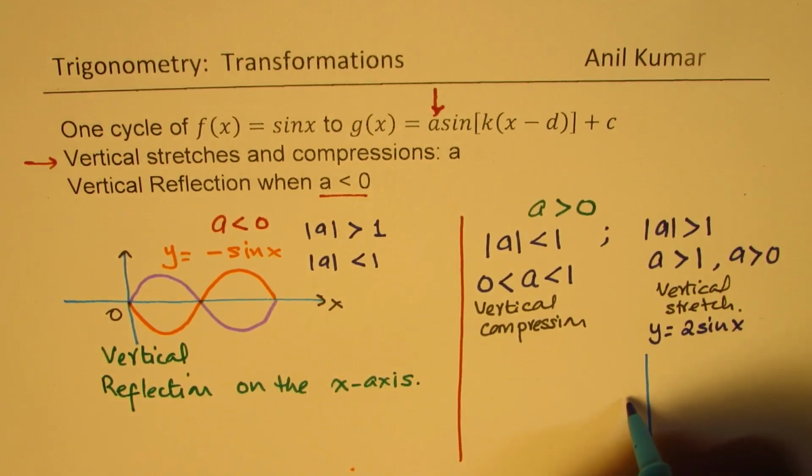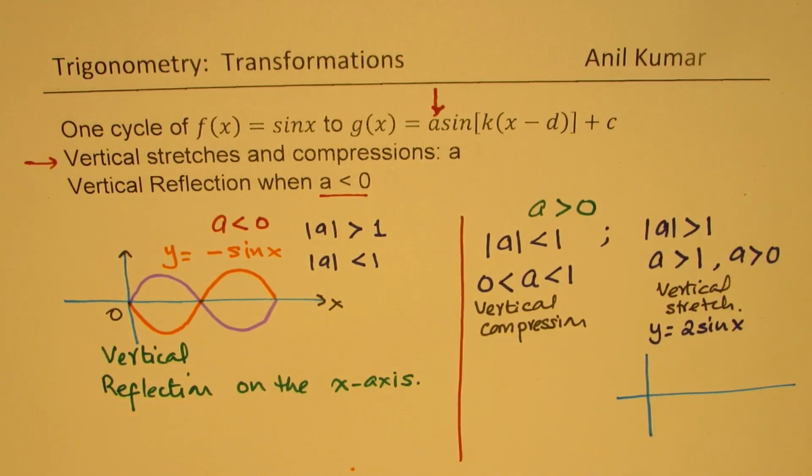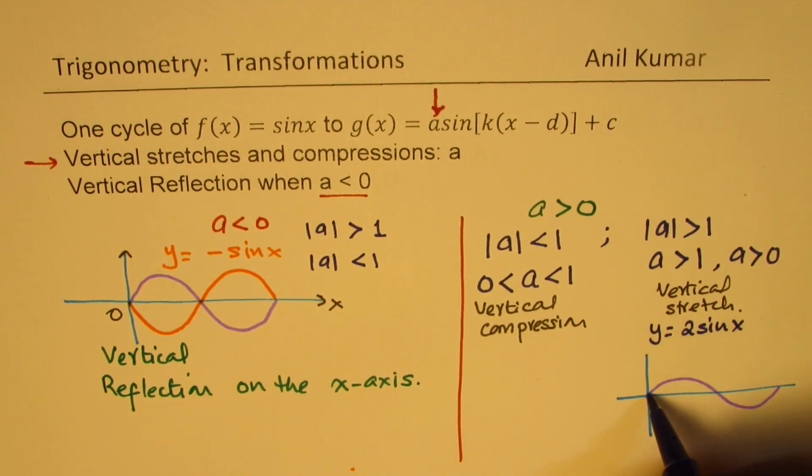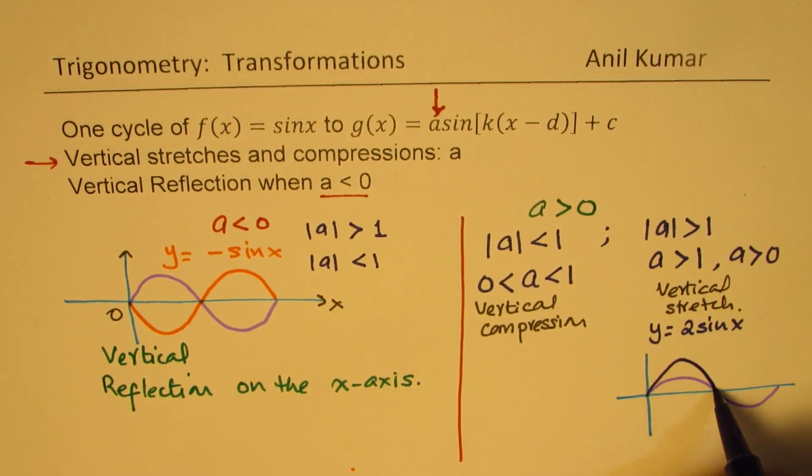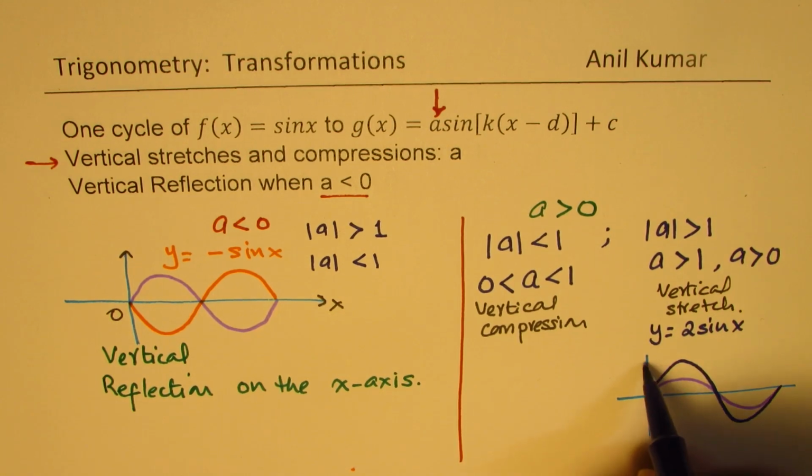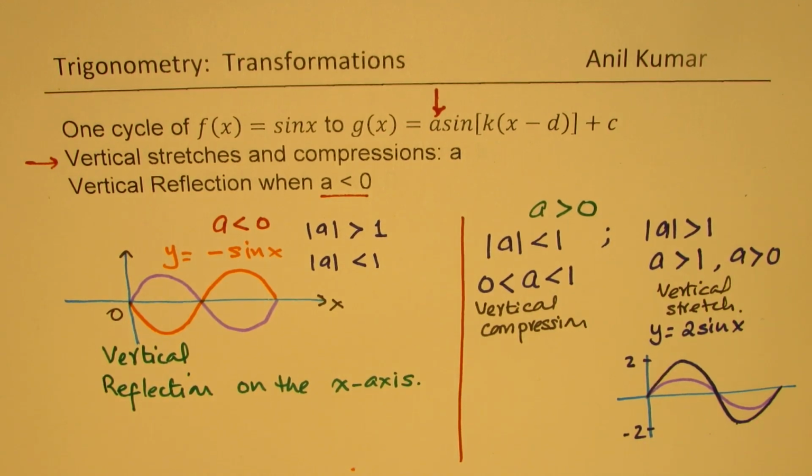So if you have y equals to 2 sine x, in that case, if the graph of sine x is kind of like this, then y equals to 2 sine x will be like this, right? So the amplitude will now become 2, right? And that is how it is going to be.